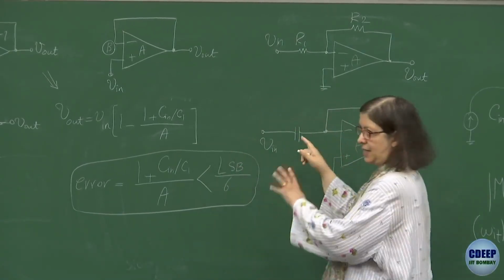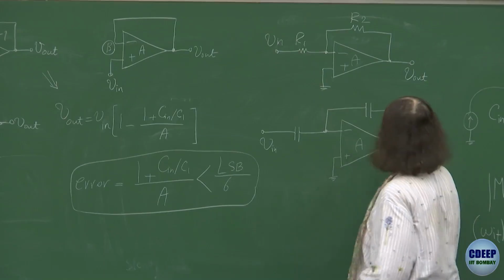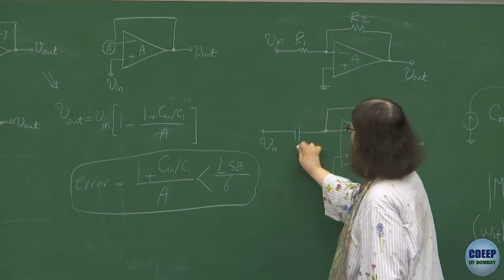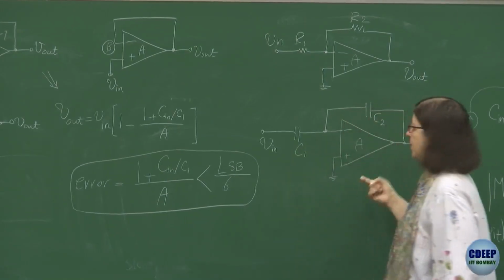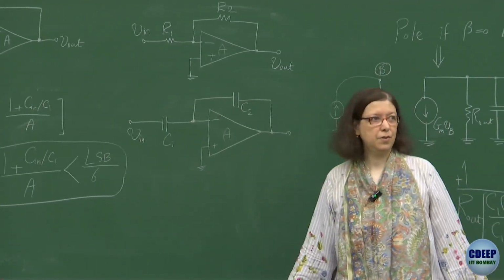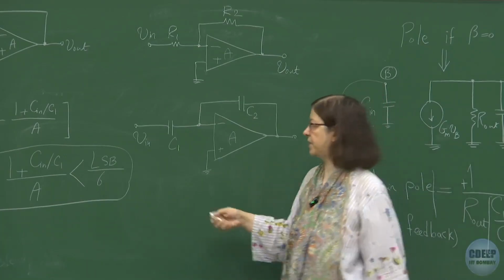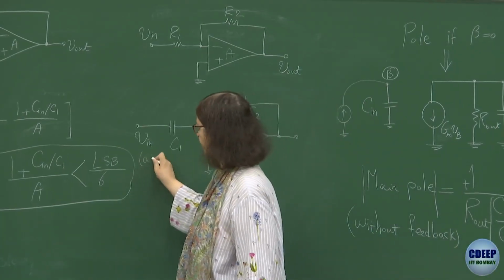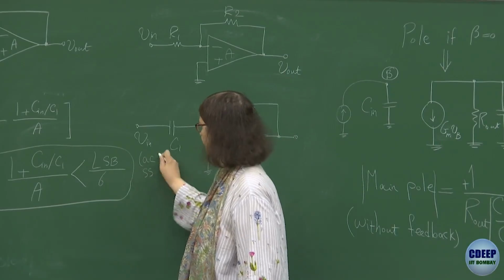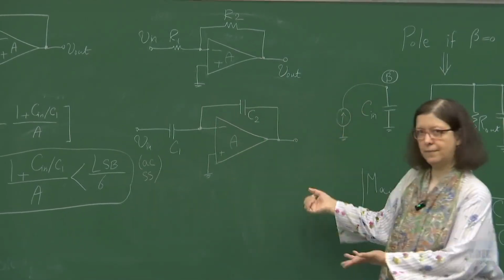If Vin is an AC signal, let's say, not DC, the gain of this circuit is C1 upon C2. Be careful, it's not C2 upon C1, it's C1 upon C2, right? If Vin is an AC, small signal. So that's it.